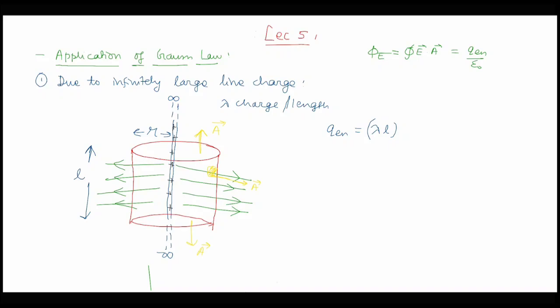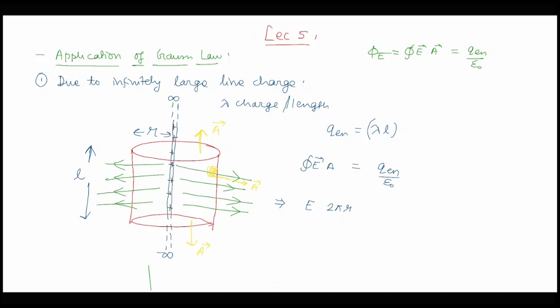If we apply Gauss law, the electric flux through the top surface, bottom surface and the curved surface area combine together to give the total electric flux, which is equal to Q enclosed by epsilon naught. Due to the top and bottom surfaces, the electric field is perpendicular to the area vector, and hence the contribution to electric flux is 0. For the curved surface area, the electric field and area vector are in the same direction.